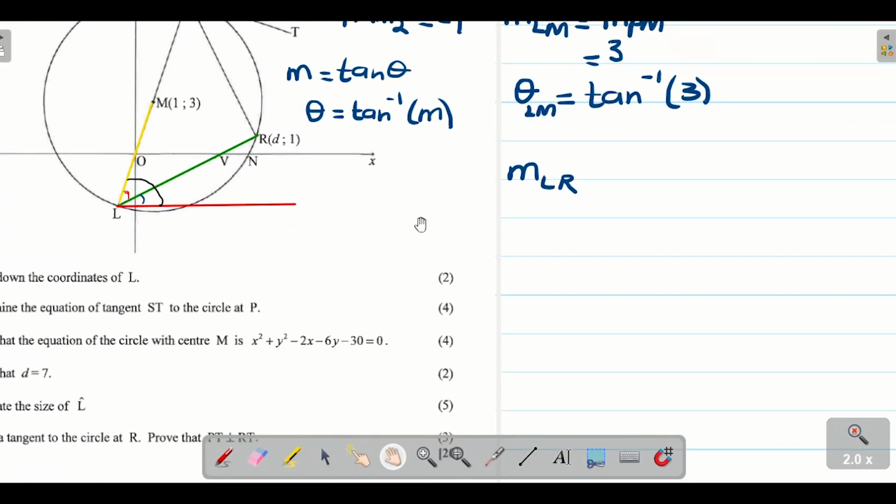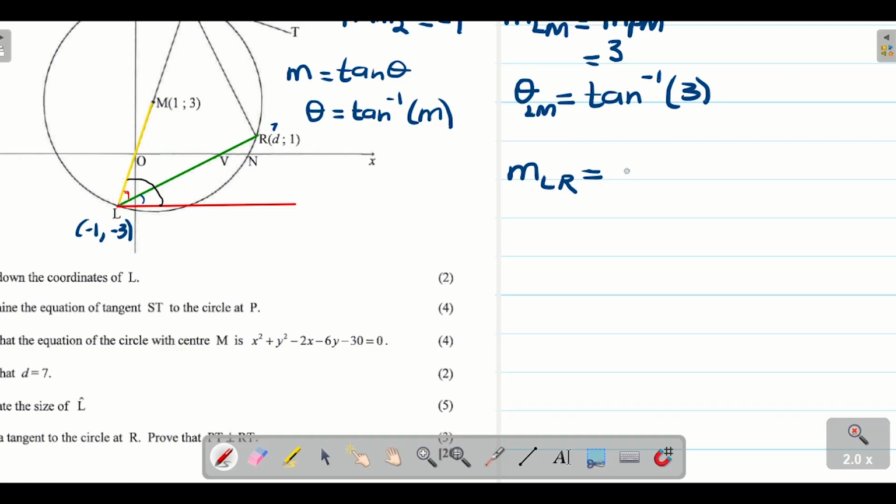We can calculate the gradient of LR because we've already found the x value of R to be 7. We've already found the coordinates of L in the first question to be -1 and -3.